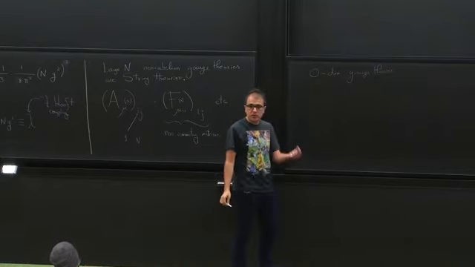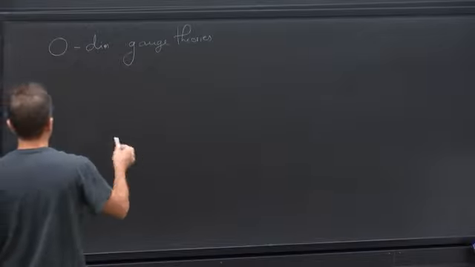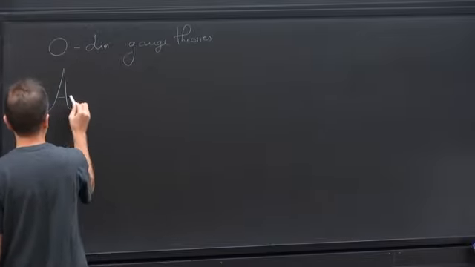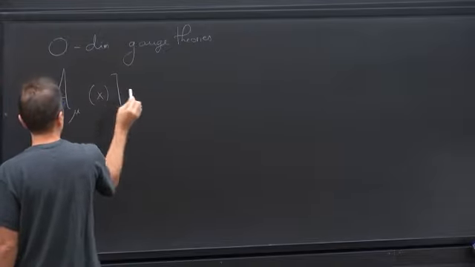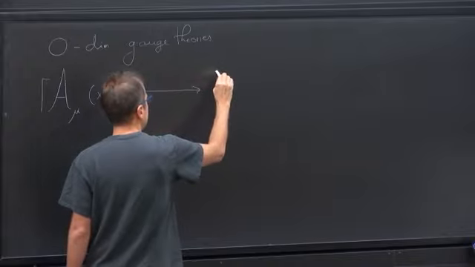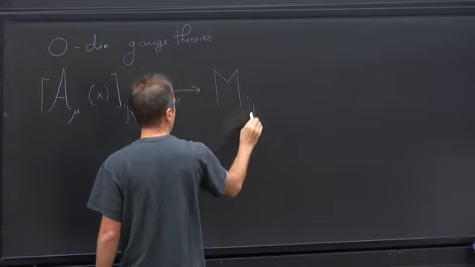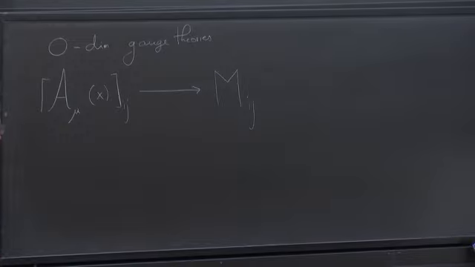In other words, space-time is just a point. There's no space-time. And instead of our gauge field A mu of x, i, and j, we will have simply a matrix M, i, and j. So there is one point, space-time is one single point.